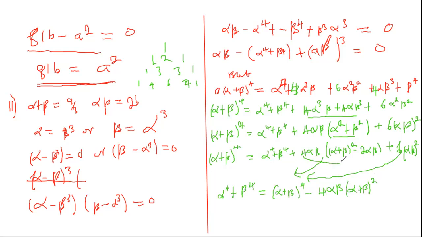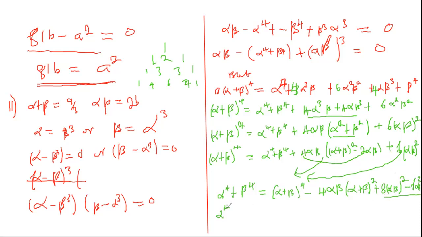Then here we can multiply this and this to give us 8 minus 8 alpha beta squared. Since here it is a minus, when it crosses it will be positive. Is it okay? Then minus 6 alpha beta squared. So when we subtract here, they're going to give us 2.